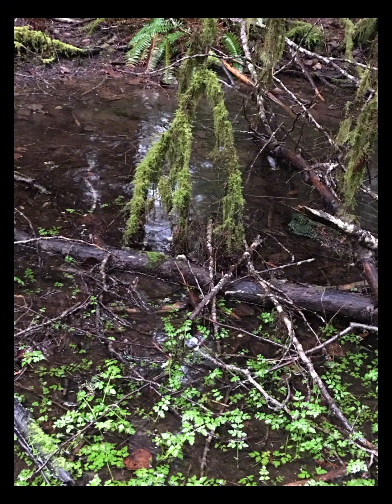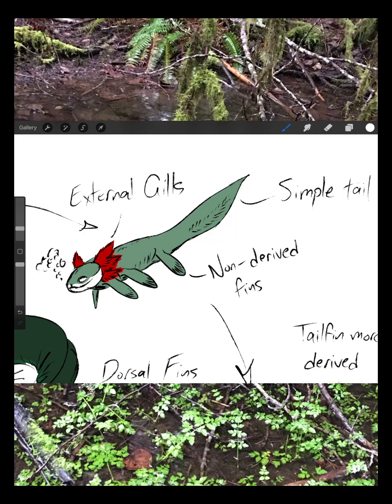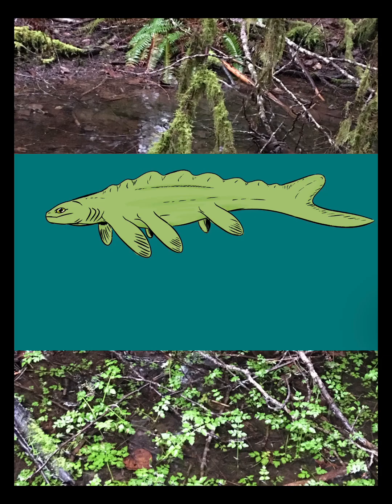So these guys still have external gills, somewhat external gills. It depends on the species again, and usually 3 to 5 sets of gills, more akin to sharks of Earth.